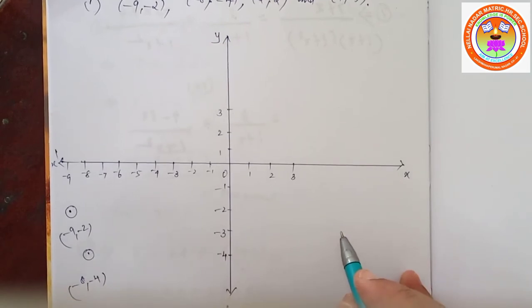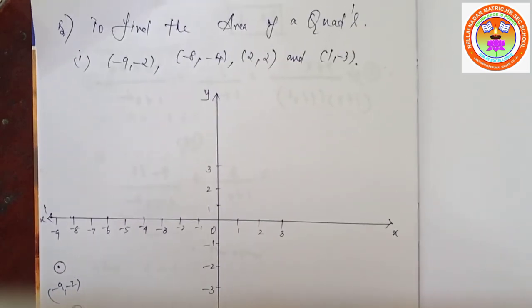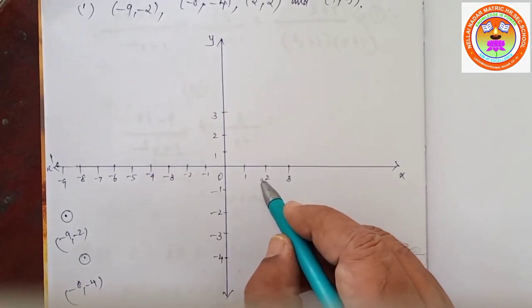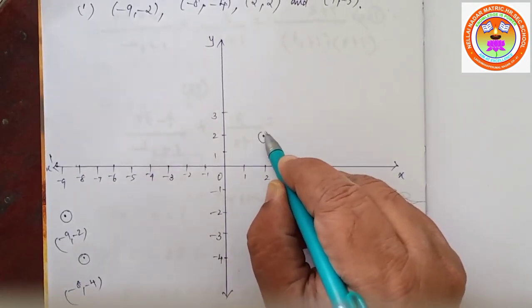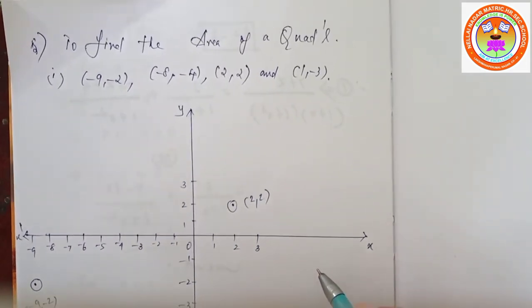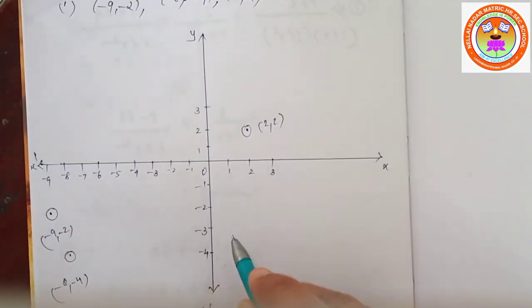Now, the third point, 2, comma, 2. 2 in x-axis, 2 in y-axis. Here is the point 2, comma, 2. Now the fourth point, 1, comma, minus 3. 1 in x-axis, minus 3 in y-axis.